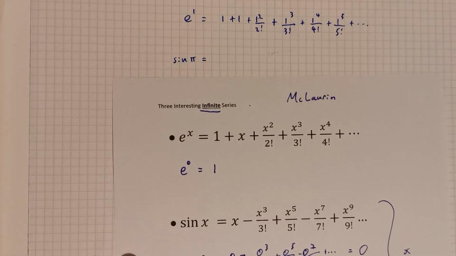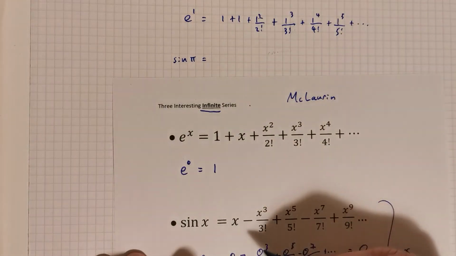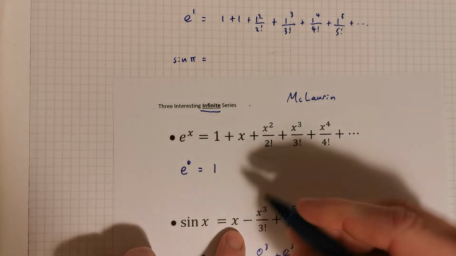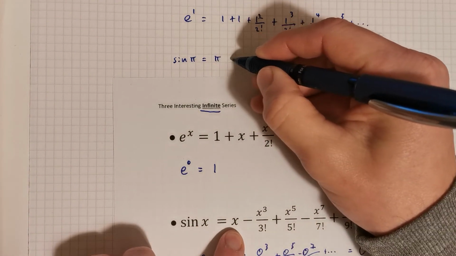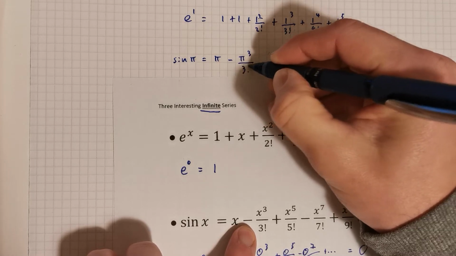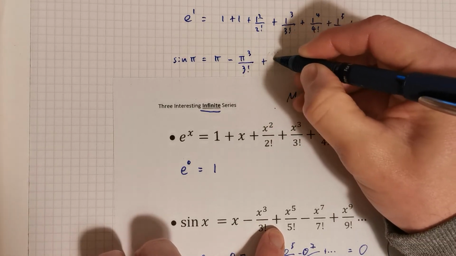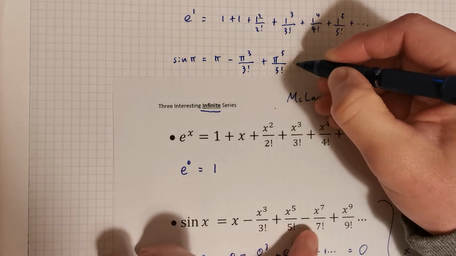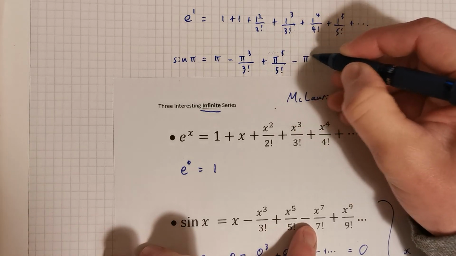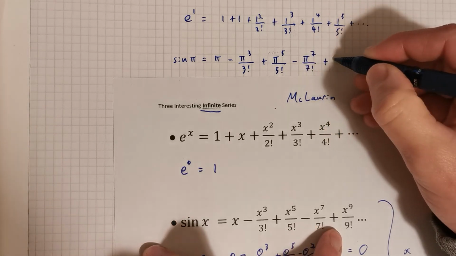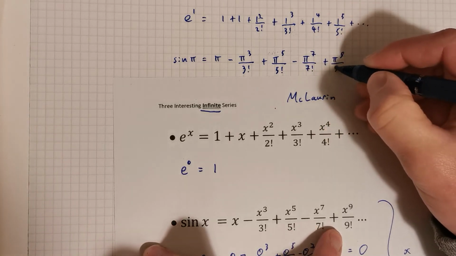So if we take our series for sine of pi, we're just going to replace all our x's with pi's. This is just sine of pi will be pi minus pi cubed over 3 factorial plus pi to the power of 5 over 5 factorial minus pi to the power of 7 over 7 factorial plus pi to the power of 9 over 9 factorial.